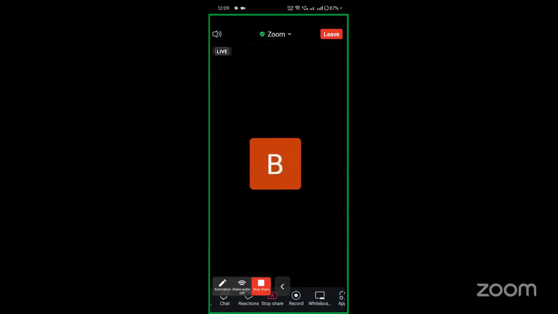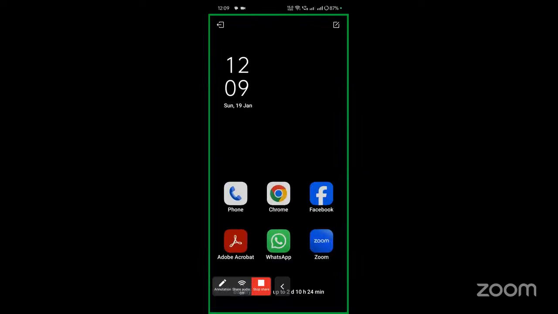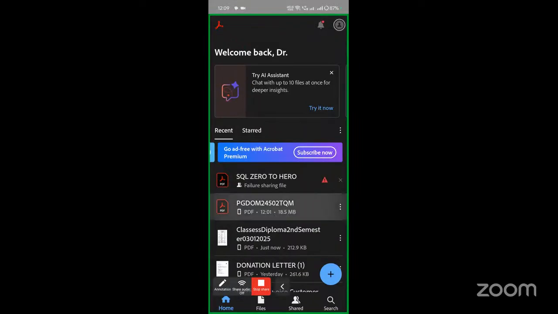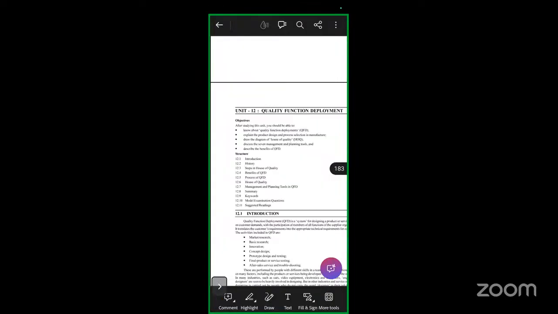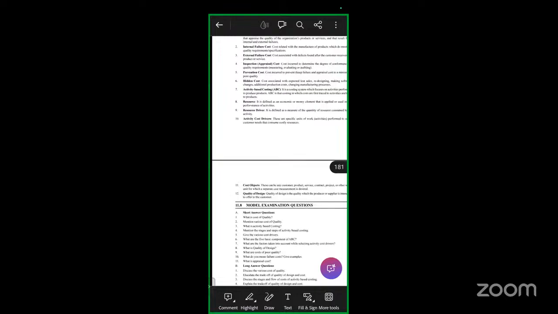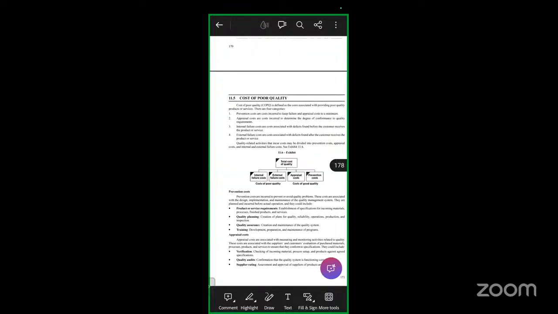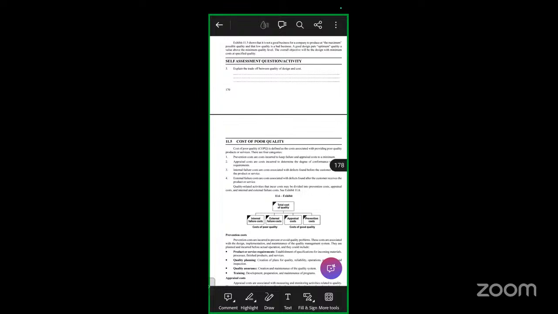Today, Mr. Reddy, we entered into the cost of quality, and we discussed in this unit the cost of poor quality, the internal failure cost, external failure cost, appraisal cost, and prevention cost.